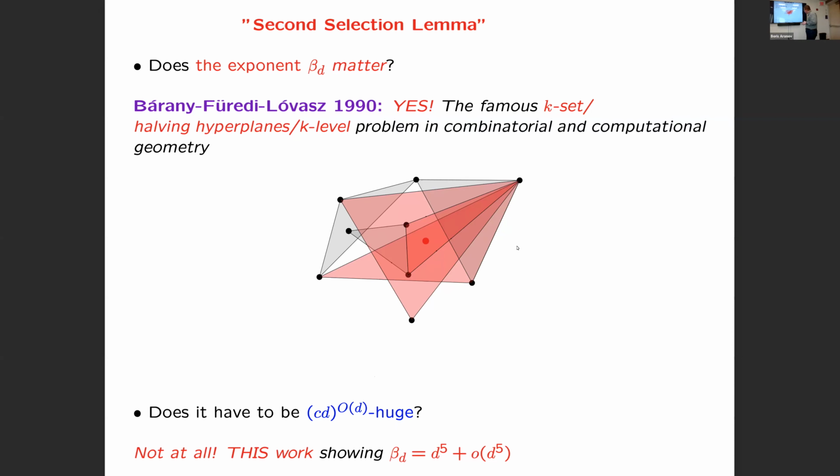In fact, in this paper, we are showing that one can show that it's no more than d to the 5 plus pocket change. So all these horrors of something to the power of d plus 1 are unnecessary.